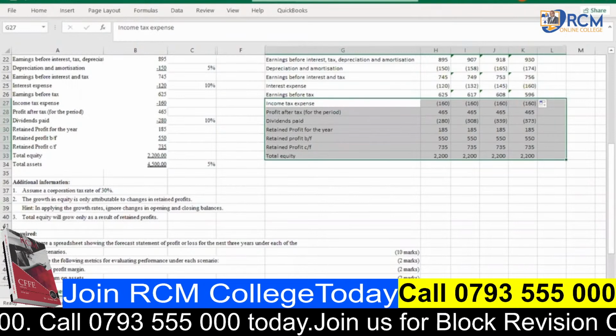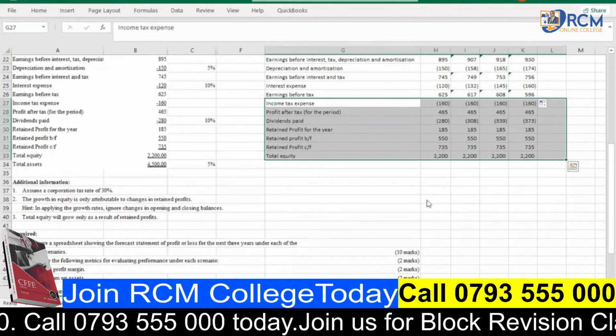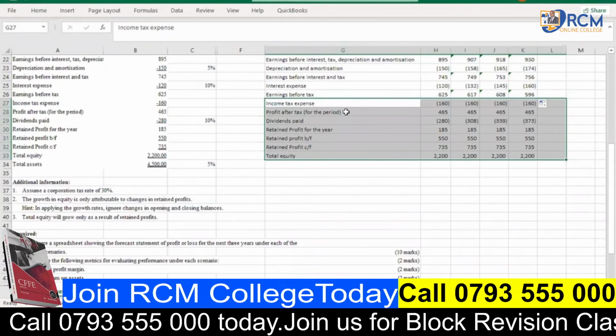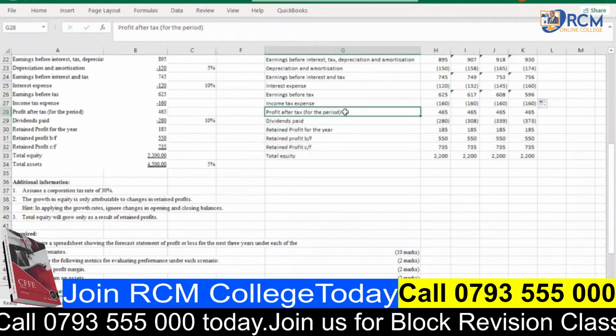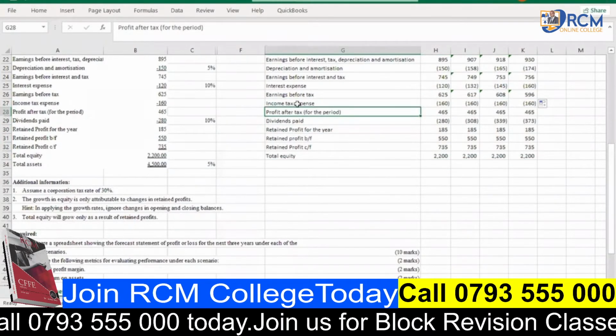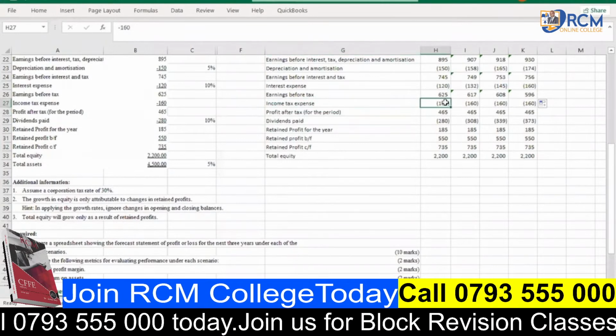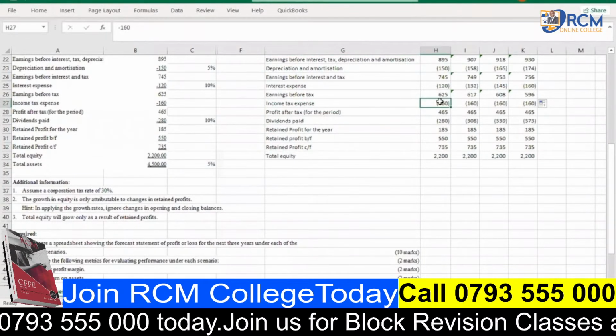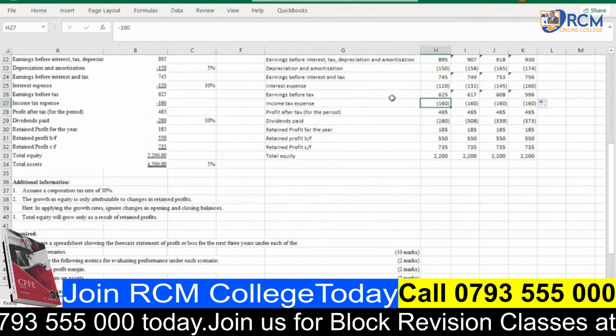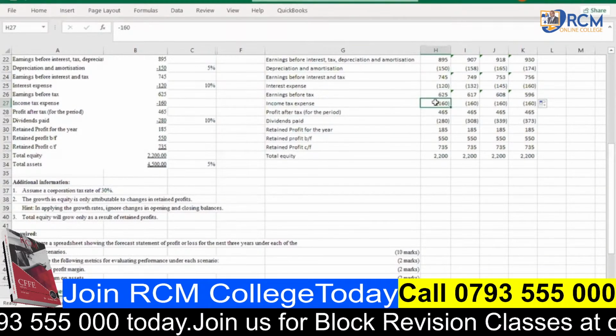So for the taxes, tutakuja hapa and then we say profit or income tax is 30% of the earnings before tax. So we are going to confirm, even though we have been given 160.